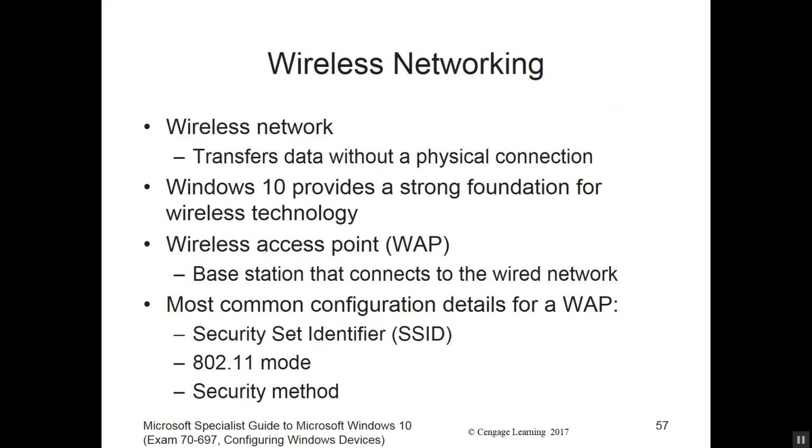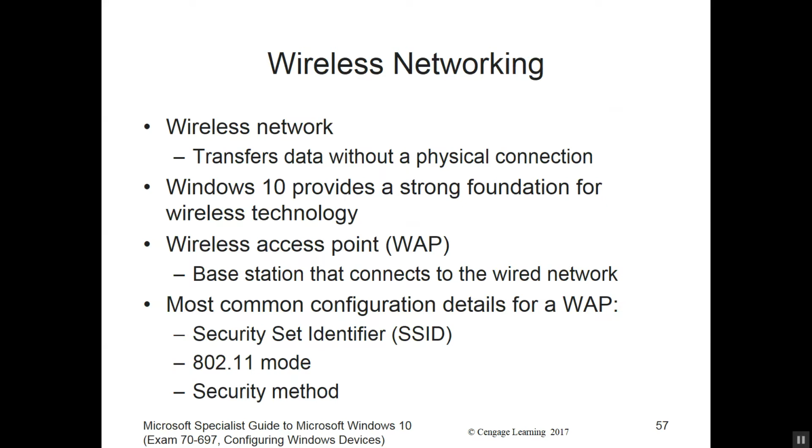Now, there's protocols that are being used to talk to that WAP or wireless access point. The wireless access point has a set security identifier, SSID, and that's how we identify which one's which. We use them in what we call 802.11 mode.